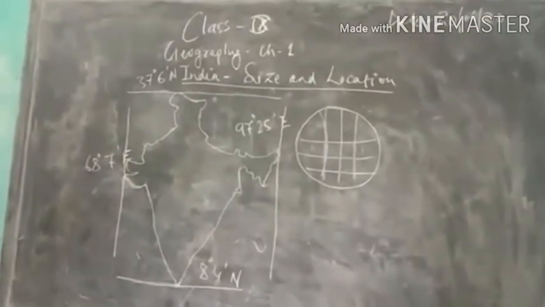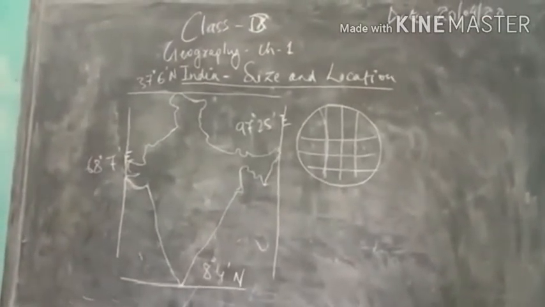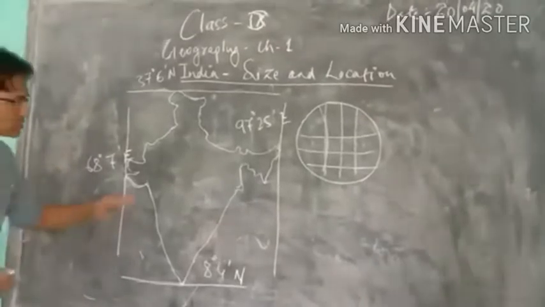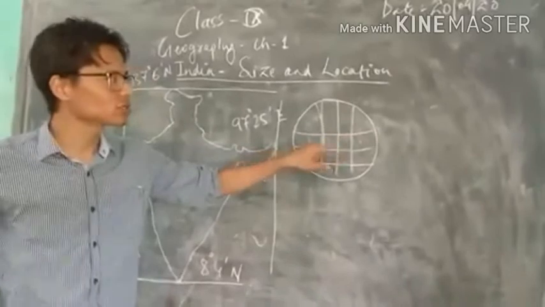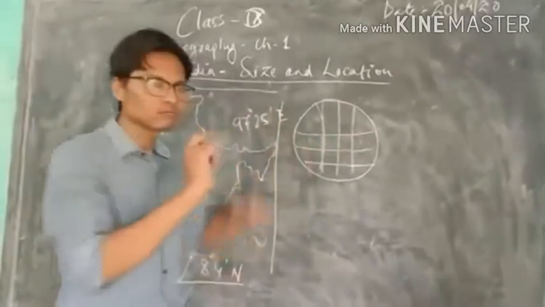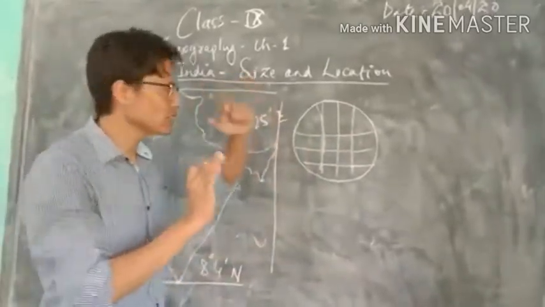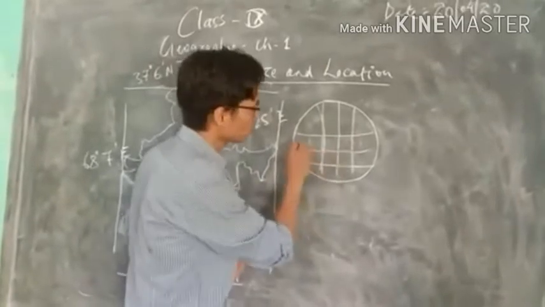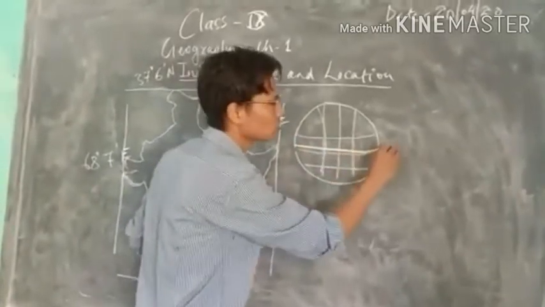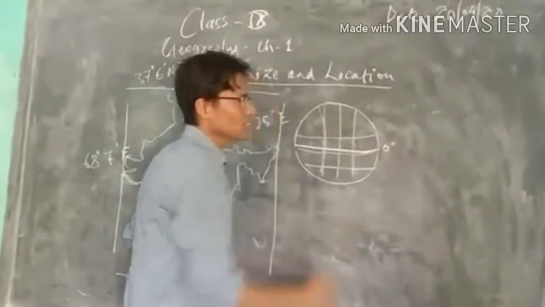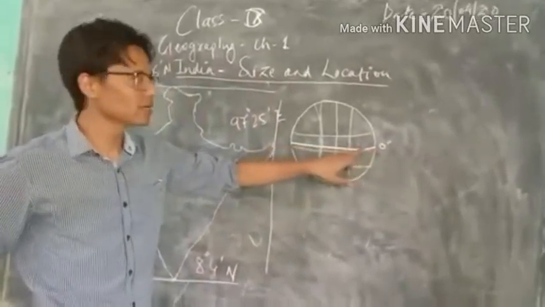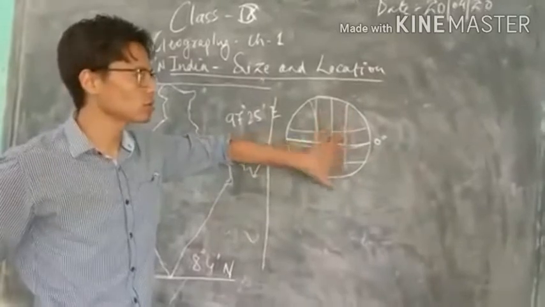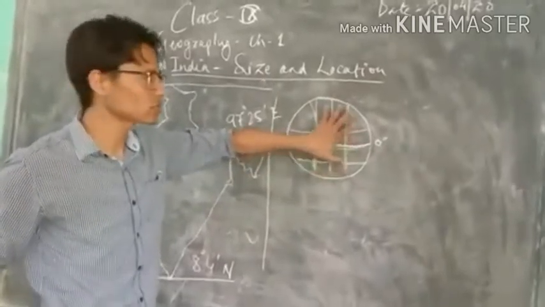One more important thing we have to understand: among the latitudes, the one in the middle is the equator. It is 0 degrees, and it divides the whole earth into two parts, the northern and the southern.